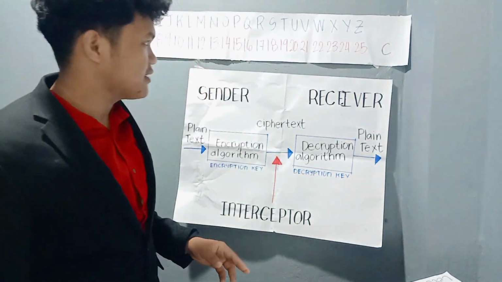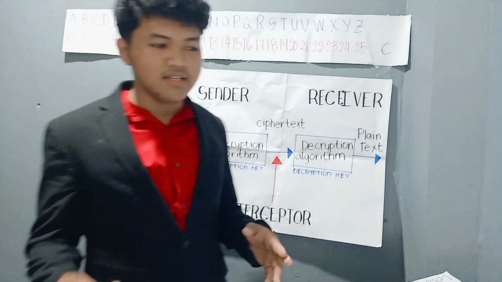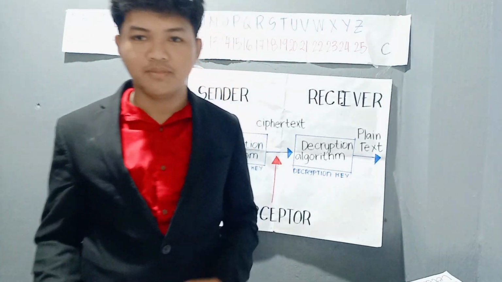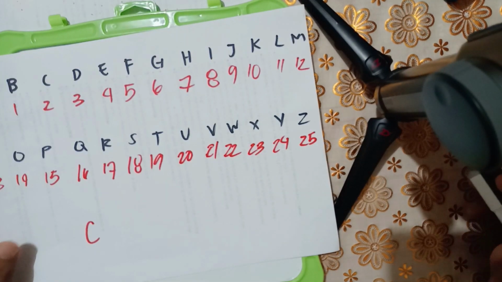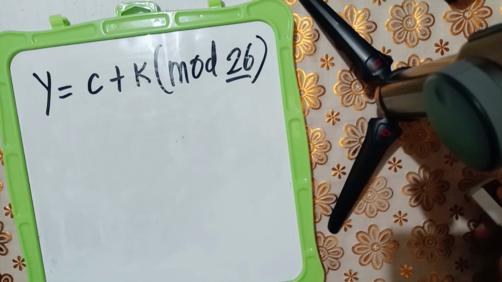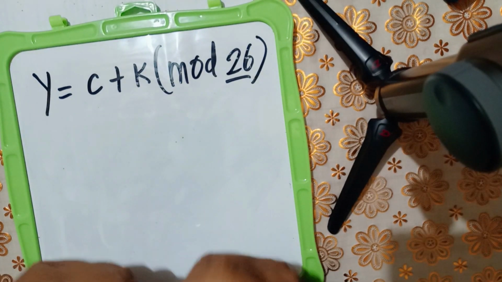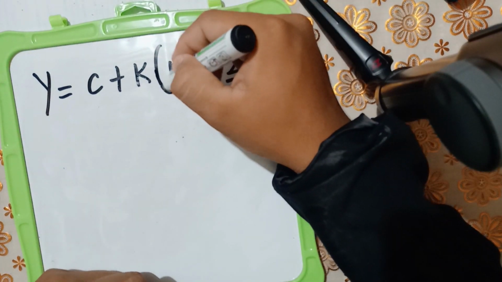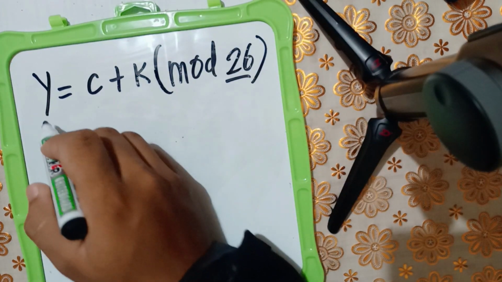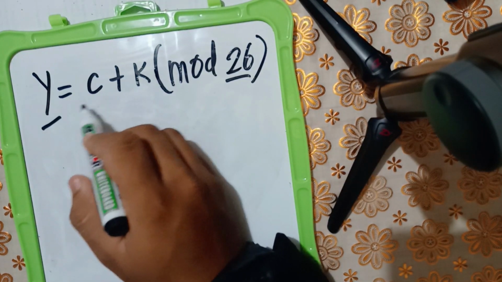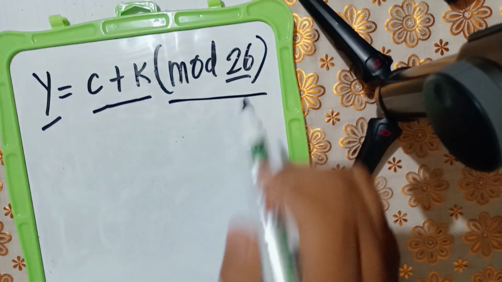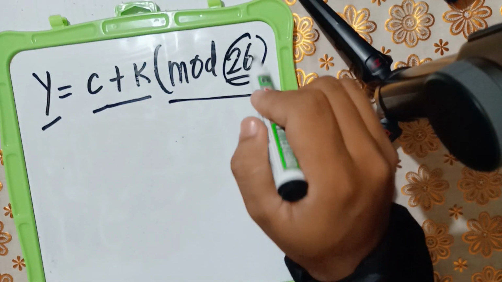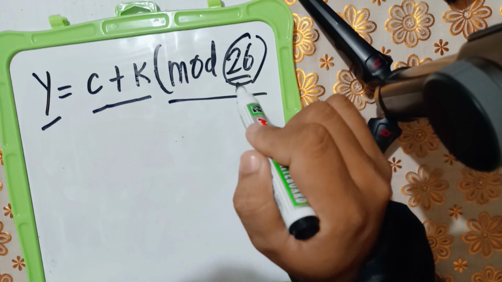So let's have an example of how we encrypt using the modulo operator. Of course, it's more like a mathematical computation. Our formula here is y equals c plus k, mod 26. 26 because we have 26 letters in the alphabet.